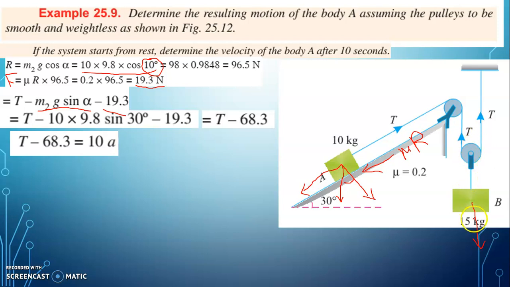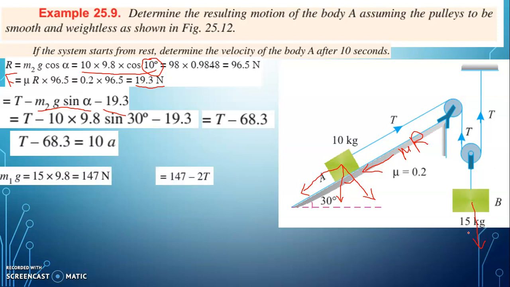So total force acting on this block will be 15 into 9.81 minus 2T. So we will be taking 15 into 9.81 positive because the body is moving in the downward direction. The force in the downward direction will be taken positive. So we will be taking 15 into 9.8, it is the weight of the body, and net force 147 minus 2T.